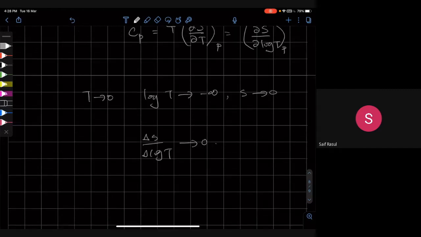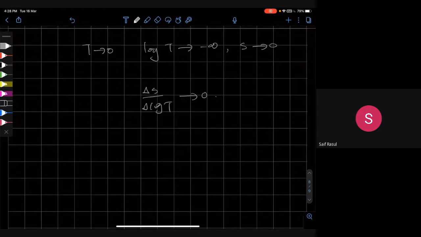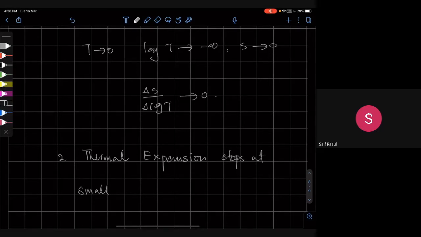Another thing is that objects don't behave classically anymore. And one of the things is that thermal expansion stops at small temperature. This should be intuitive from a microscopic point of view, because what is thermal expansion?